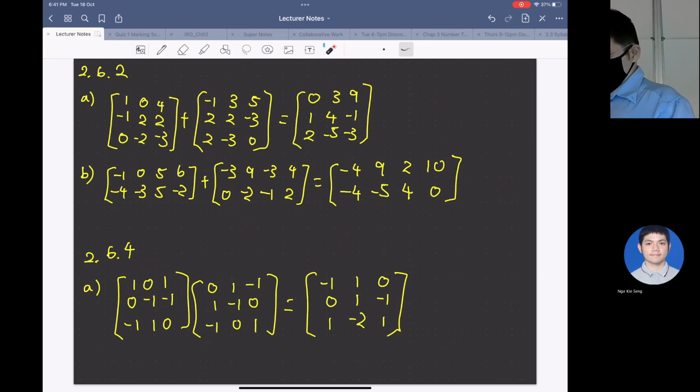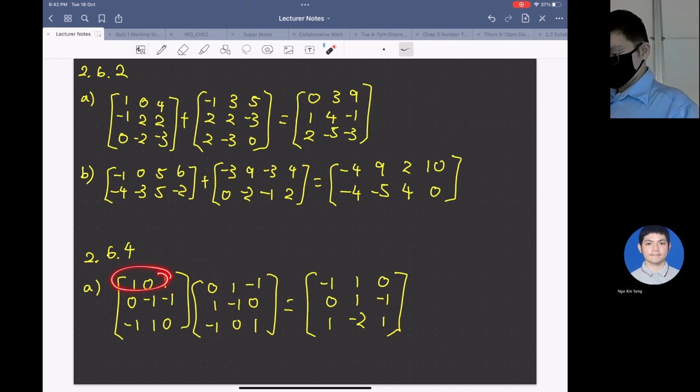To get the first entry, you take the first row and multiply it with the first column. So for example, 1 times 0, you get 0, and then 1 times minus 1, you get minus 1. To get the first row, second column, take the first row times the second column.